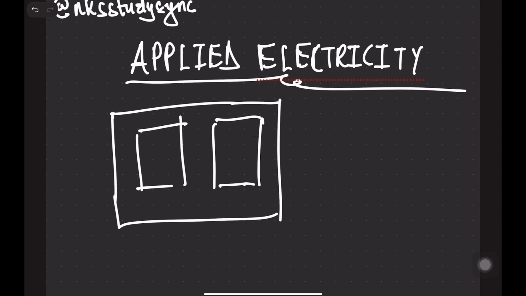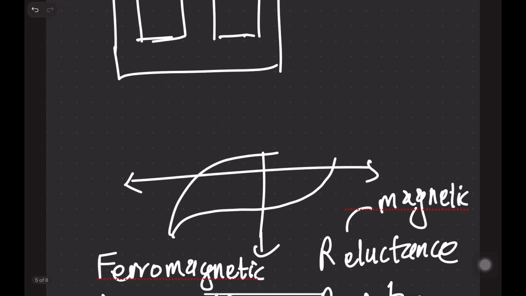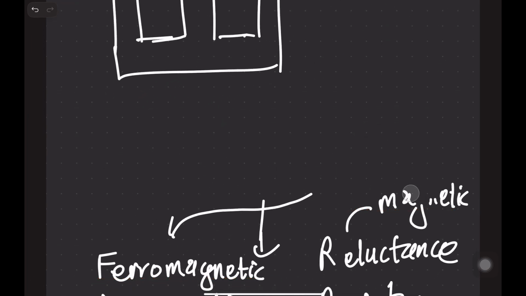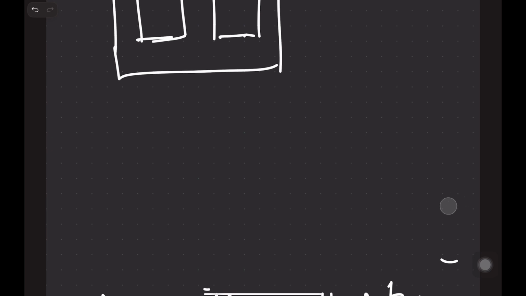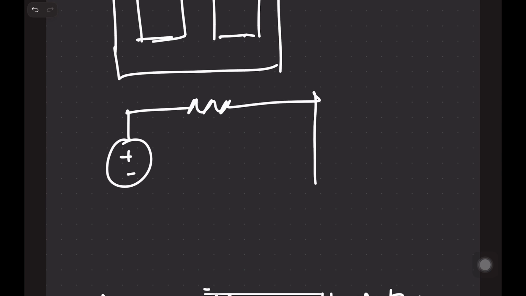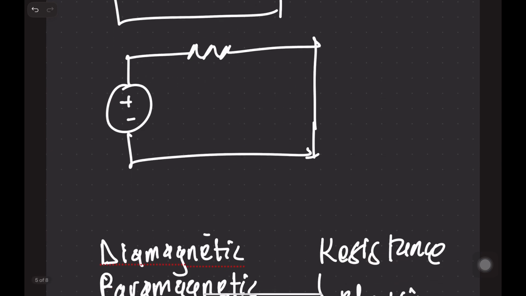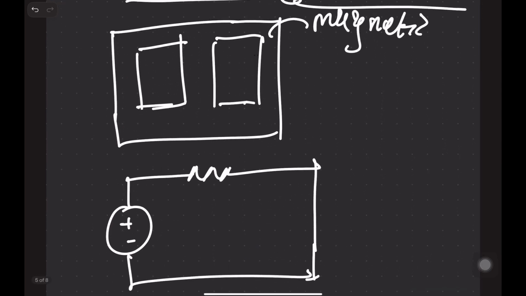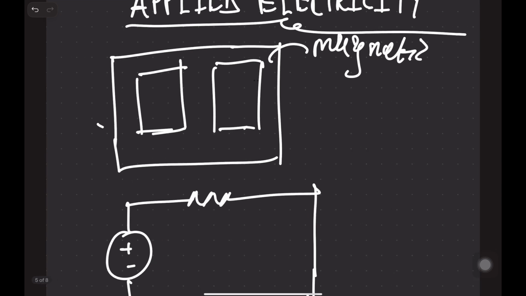So we learn how to model this magnetic material into an electric circuit. Where we have our MMF, so we have our flux.